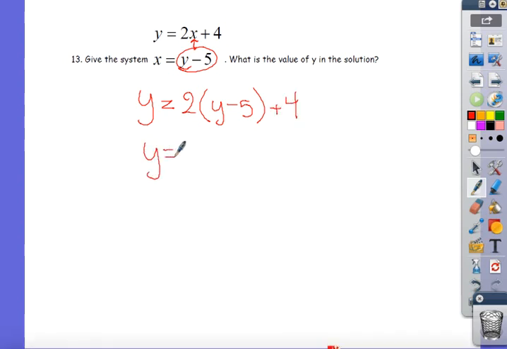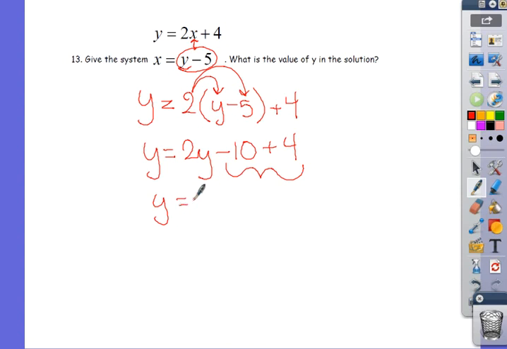y equals, distribute. 2y minus 10. Okay, combine like terms over here. So we have y equals 2y minus 6. Good. Now, we have variables on both sides. Typically, I told you to get rid of the one with the smaller coefficient. But if we do that, we won't have anything up here.